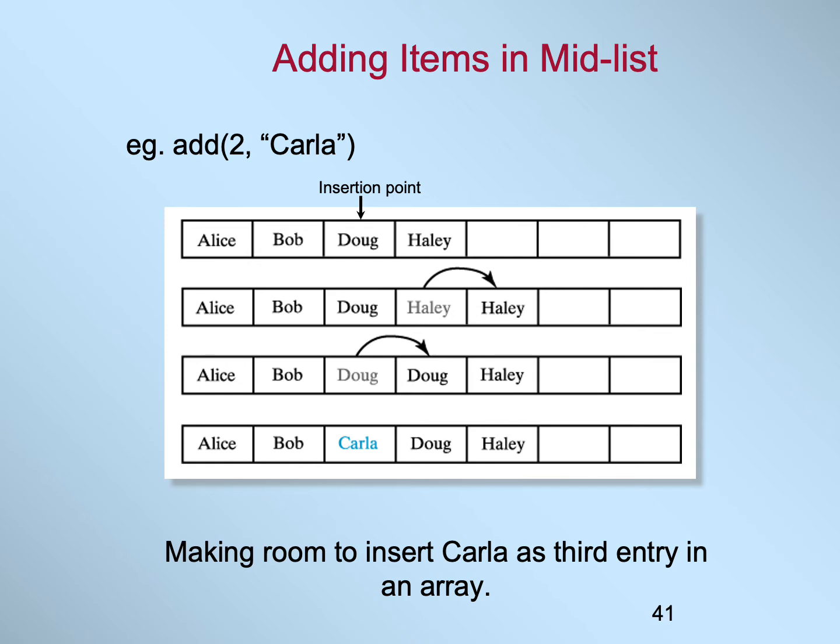Before Carla can be added at index number 2, Haley, which is at index number 3, has to be shifted to index number 4. Then, Doug has to be shifted to index number 3. They need to make room to insert Carla as the third entry in the array. So now Carla is at index number 2.